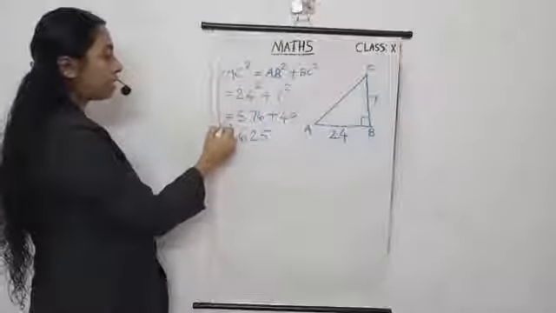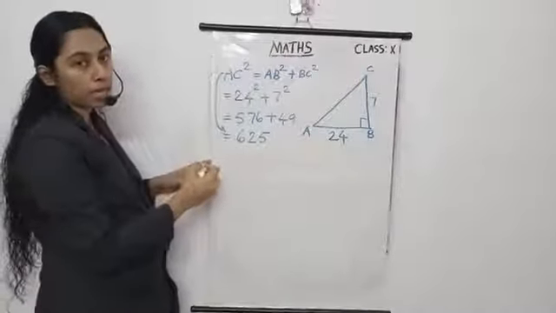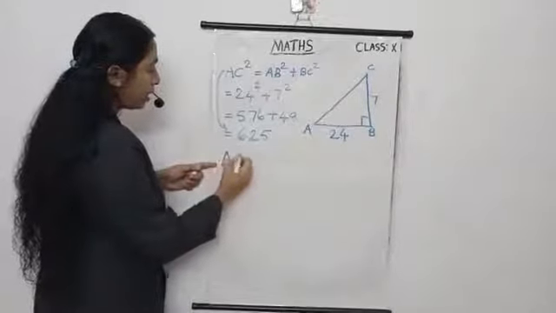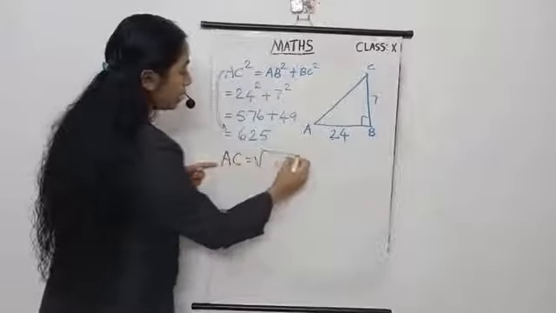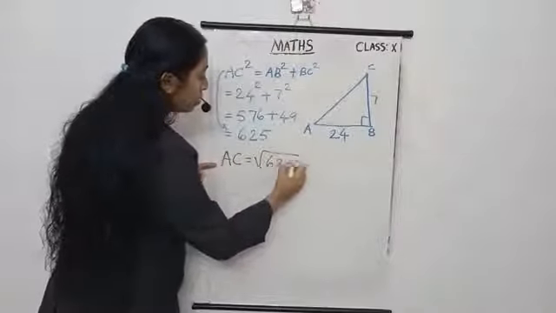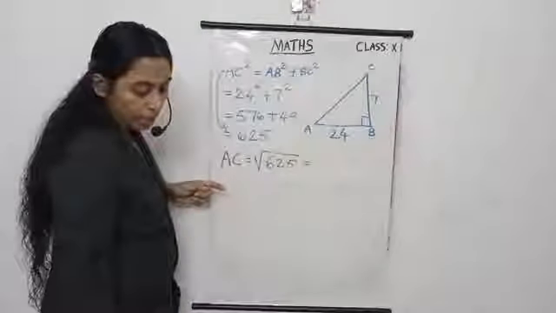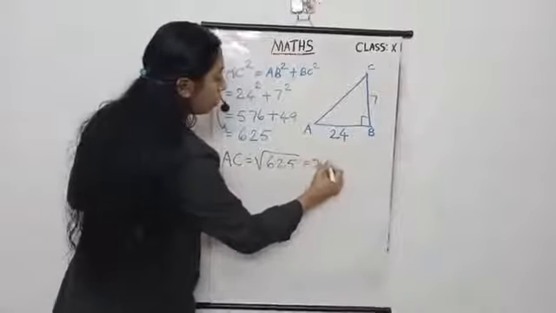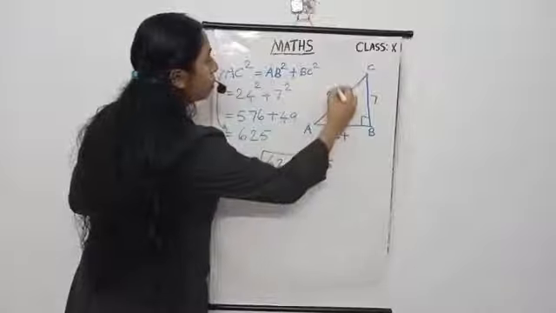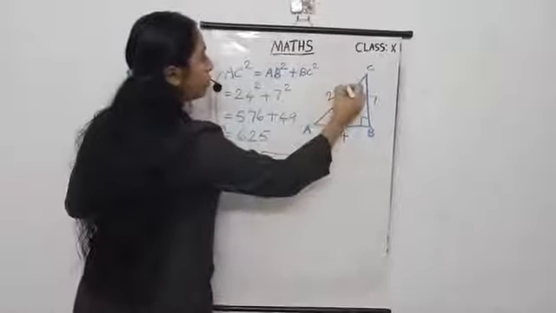So AC square is 625, and AC is root 625, which is 25. So this measure is 25 centimeter.